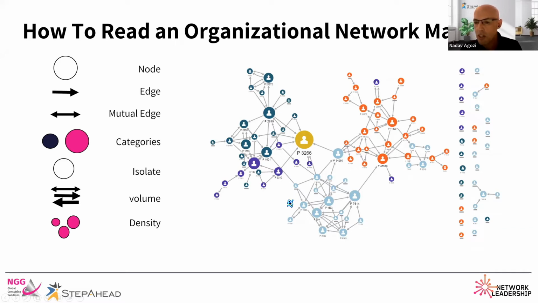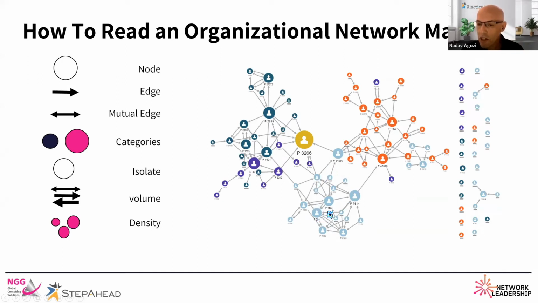So colors could represent different categories. If I'm looking at this map, I see different people, but I see that they are somehow connected. Like you see on the bottom of the map, the light blue people. They are from the same department. But I could also create different categories, like who sits on the first floor, who sits on the second floor, or gender categories.